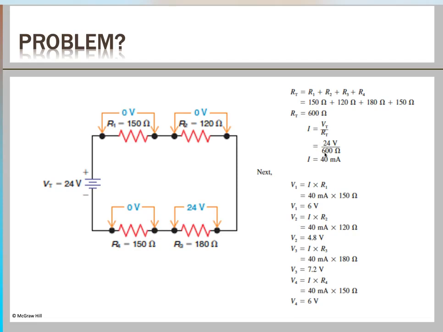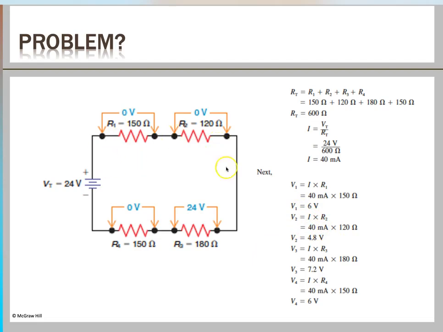Then you can calculate the voltage across each resistance, and that will give you the value of the voltage when the circuit is not in the open condition. For example, V1 equals I times R1, which gives 6 volts, and V2 equals I times R2, where I is 40 milliamps.